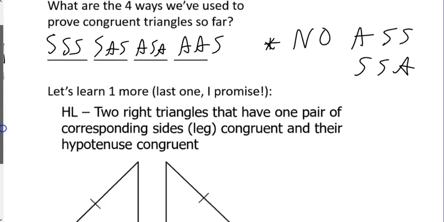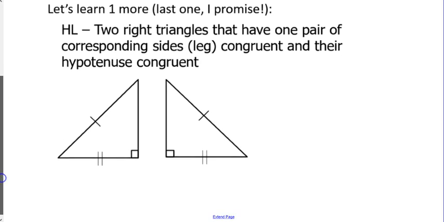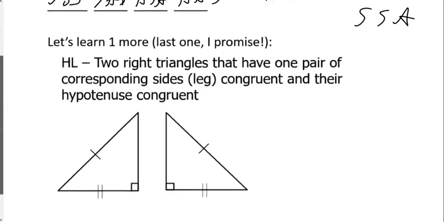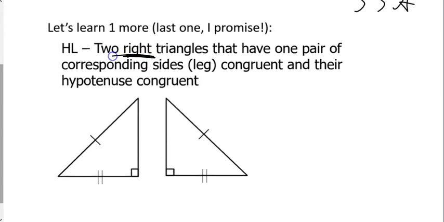Now, one more, and this is the last one, okay? HL. HL is when you have two right triangles. It has to be a right triangle. This is very important. Must be right triangles.